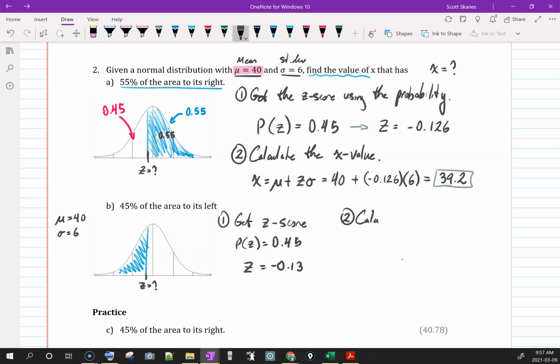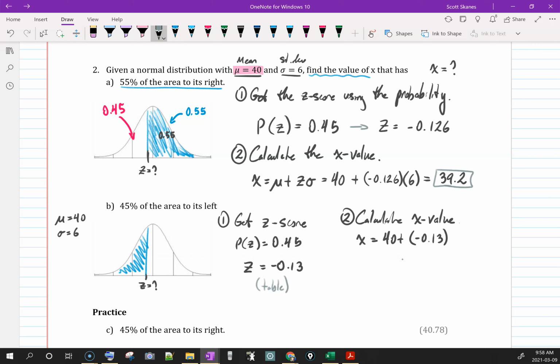The second step is always to calculate the x value. And we do that using the formula. So the x is the mean plus our z value, negative 0.13. This I took from the table. I didn't use a calculator for this. I found it from the table.